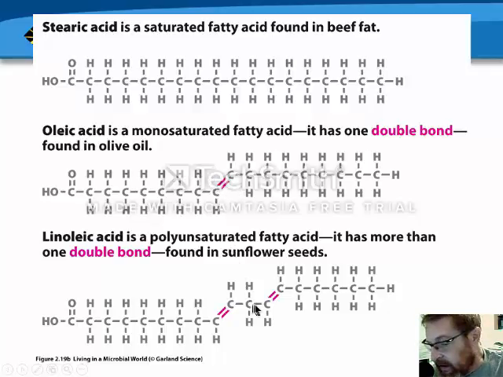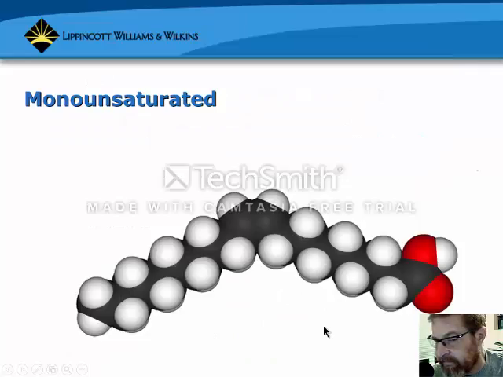And if you're polyunsaturated, now we have two or more double bonds between the carbon atoms. The reason it's important that we know the saturations of the oils is the shape that the molecule is going to have.